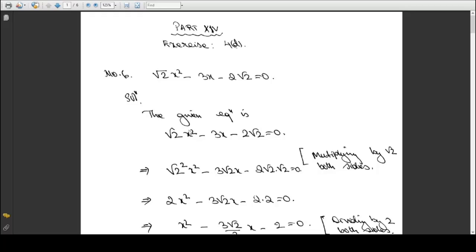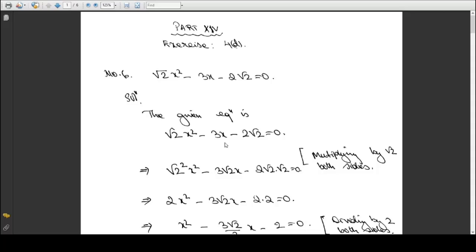That means x squared should get rid of all those coefficients, and to get it, you will divide all the terms by the coefficient of x squared. If you divide this whole thing by root 2, here we have x squared, root 2 has been cancelled, and here you have 3 by root 2, and here 2 root 2 by root 2, you have only 2.